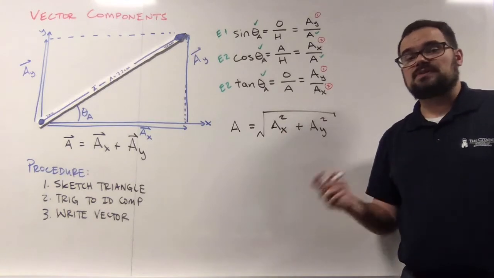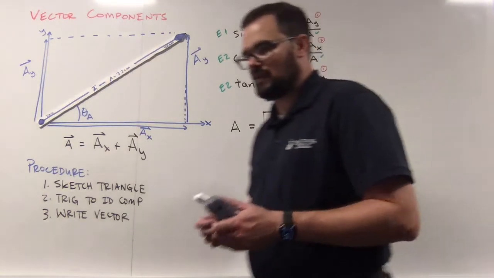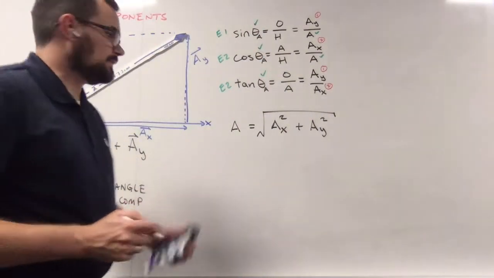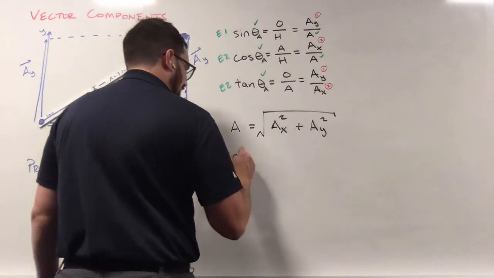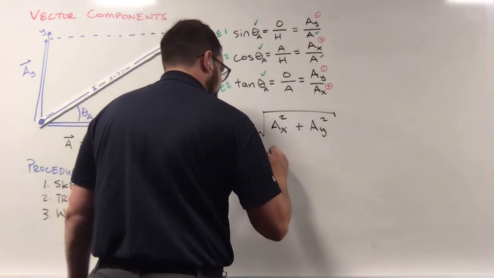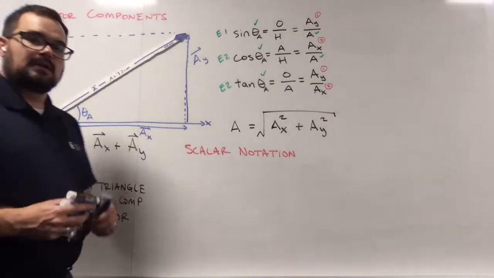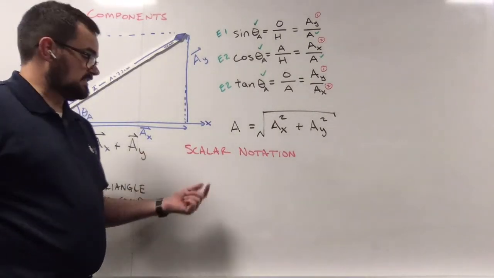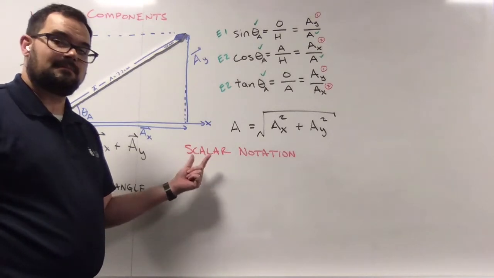Now, to resolve or to write the vector, we need some notations. The first notation we might use is scalar notation. And we'll remember that a vector, unlike a scalar, has magnitude and direction, while a scalar only tells us about the magnitude.